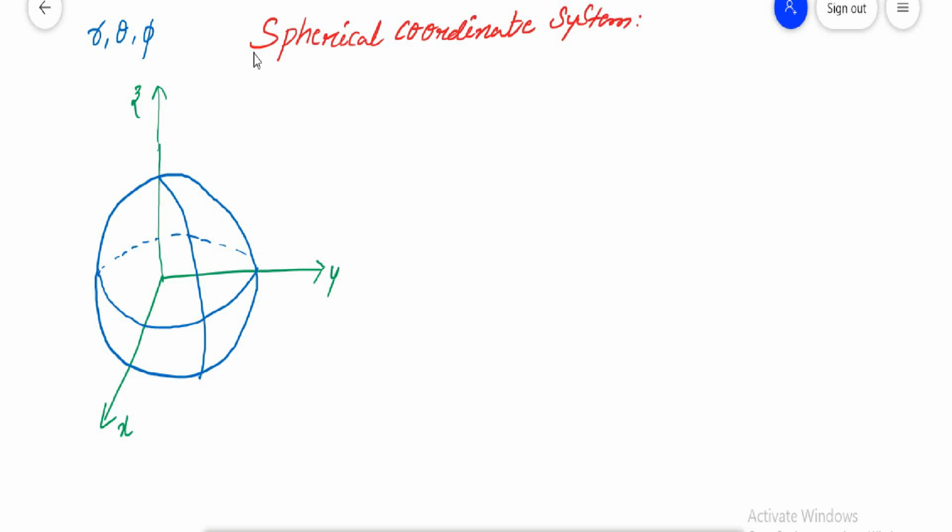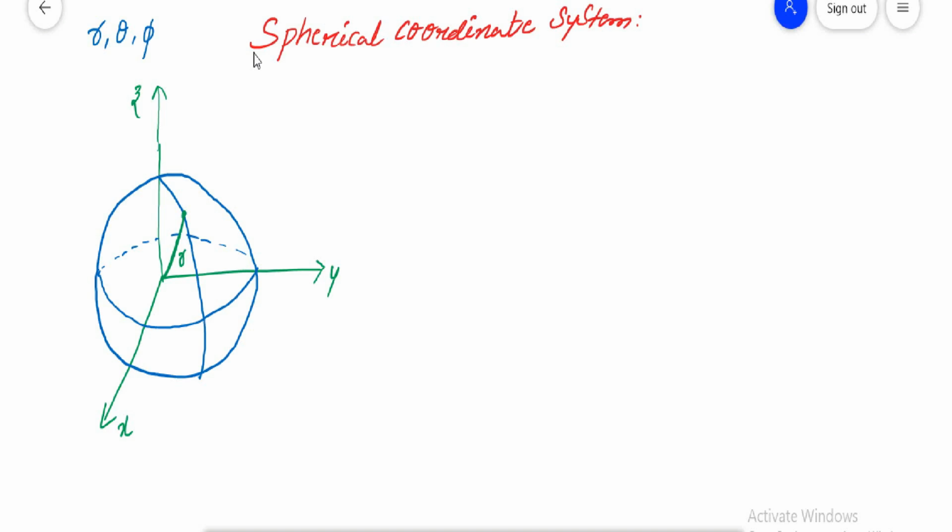Let us define a point here. For example, in space, one point is defined like this. If you extend a line from the origin, this becomes your radius vector, with the radius r.